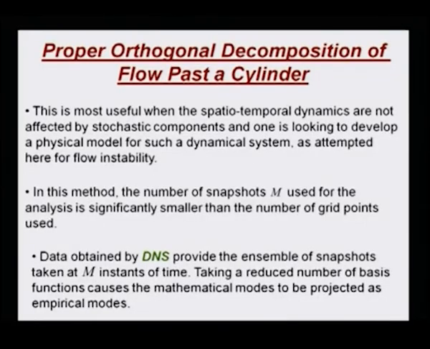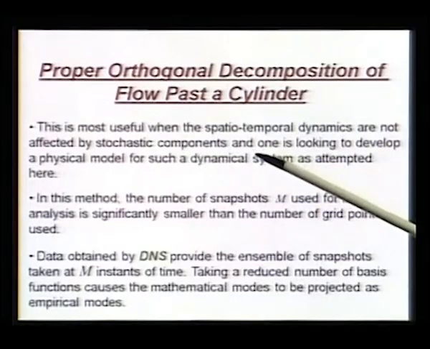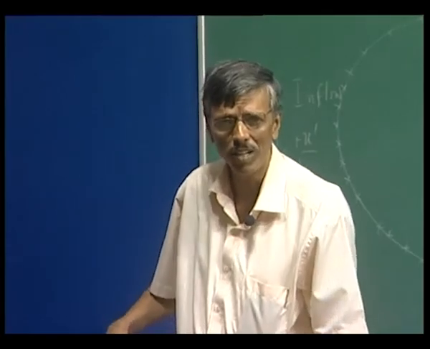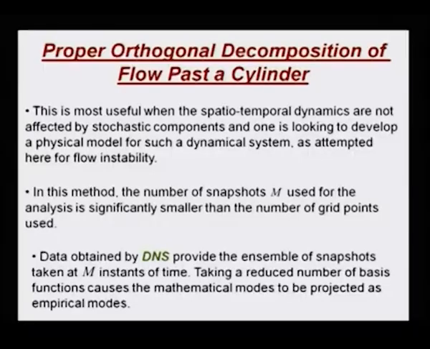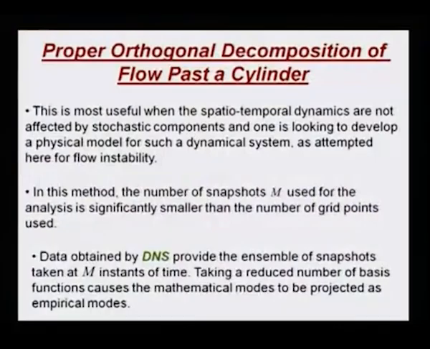Okay. So, if I am going to look at the dynamics of a system where the stochastic component is not very important, like the flow instability we are talking about, so there are no such stochastic components involved, then with the help of the POD, we can develop a physical model of the dynamical system.